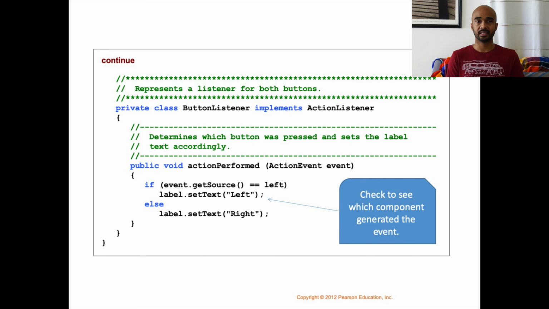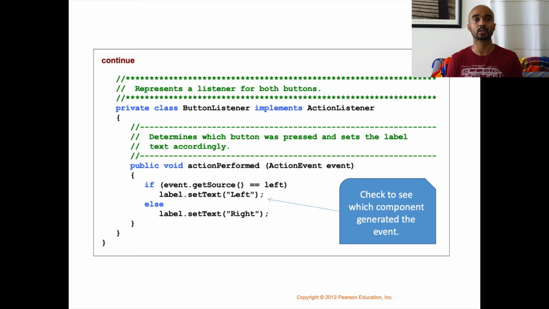Now, again, we had created a button listener class, and this is a very specific implementation of an action listener, and it's specific to the class that created it. Inside our button listener class, we have an action performed method that takes in an event object.